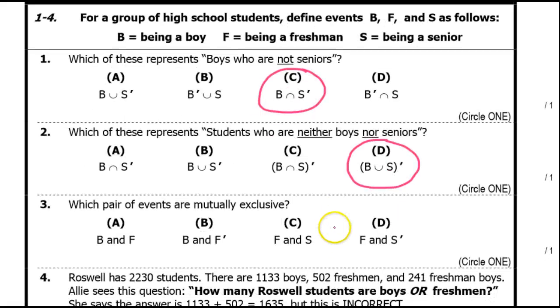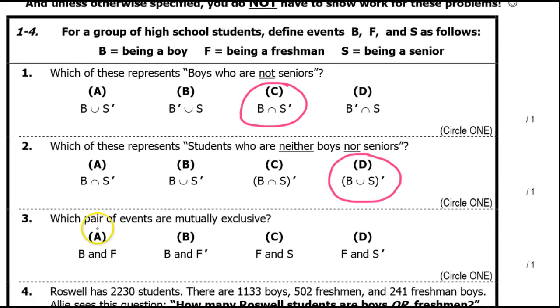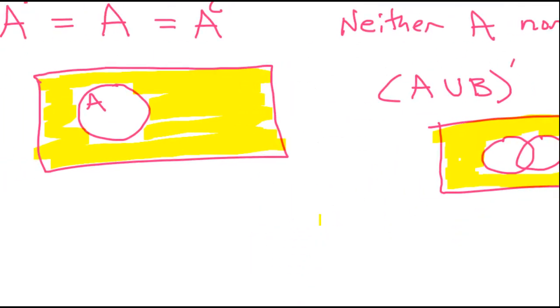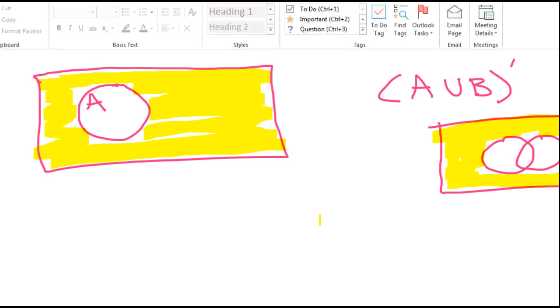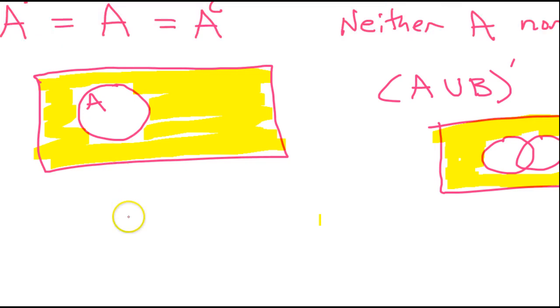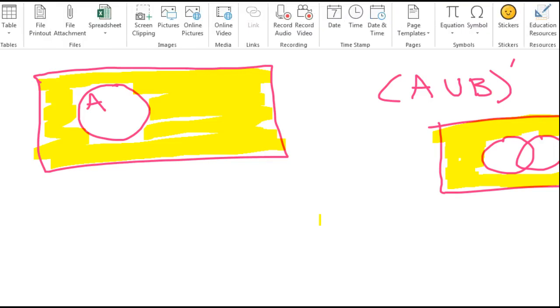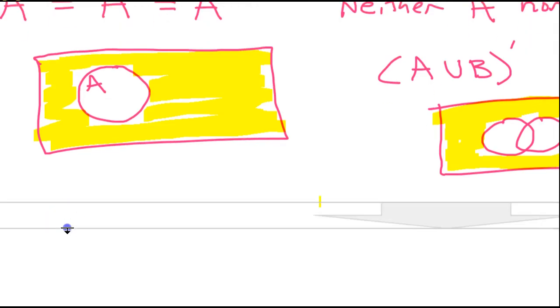Okay, number 3. Which pair of events are mutually exclusive? Okay, well, back to the notes. Let me scroll down a bit. All right, mutually exclusive versus overlapping is really what we're talking about. Let me see if I can insert a little more space.